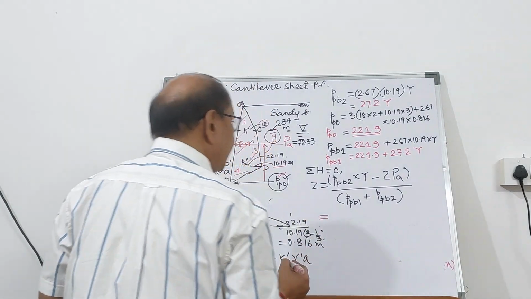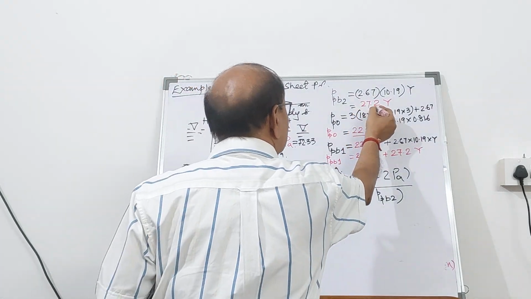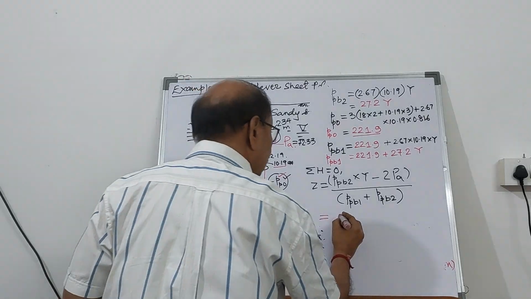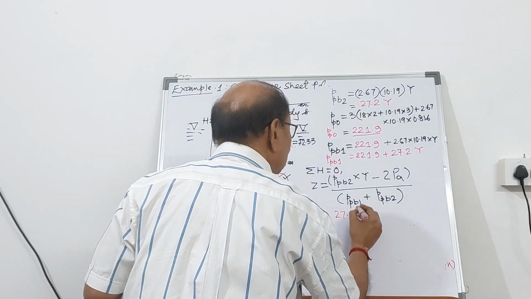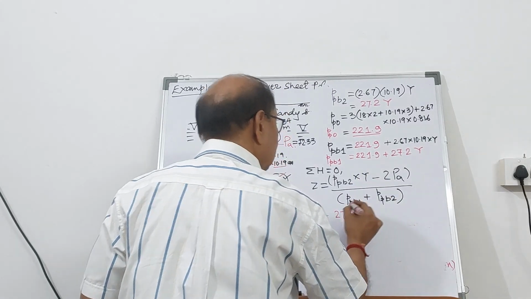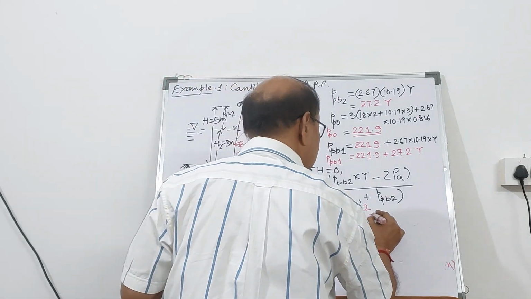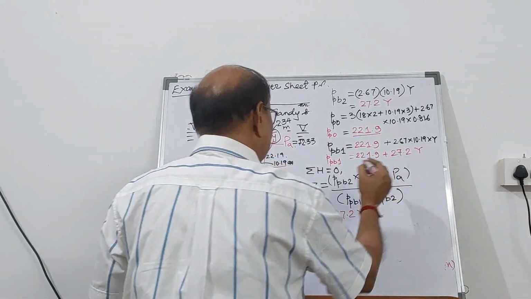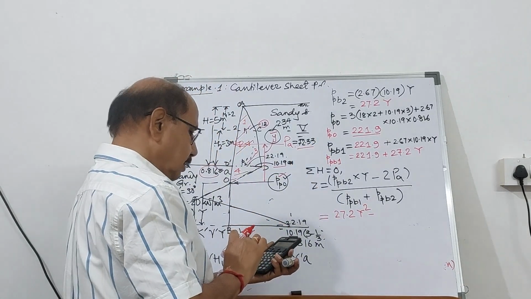Now you see PPB2 is already 27.2. So 27.2 times y into y becomes y square minus 2 into PA, and PA is 72.33.